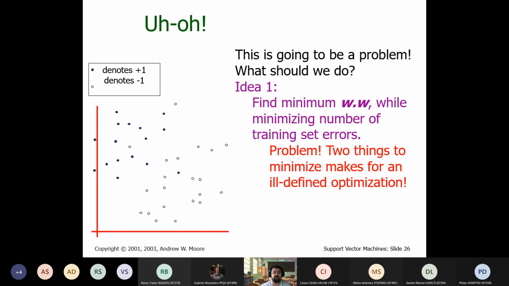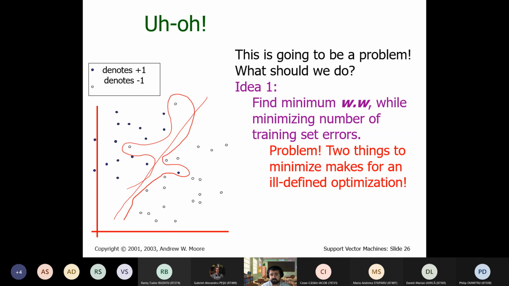If we want to find the minimum W, it will be something like this, for example. If we need to minimize the number of training set errors, it should be something like a classifier like this, that basically overfits, okay?